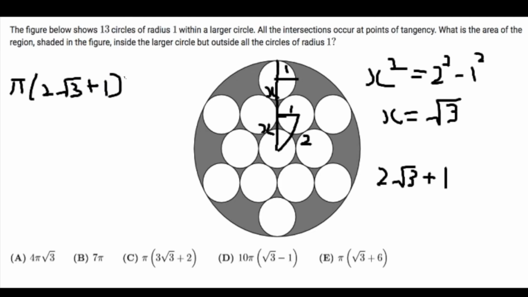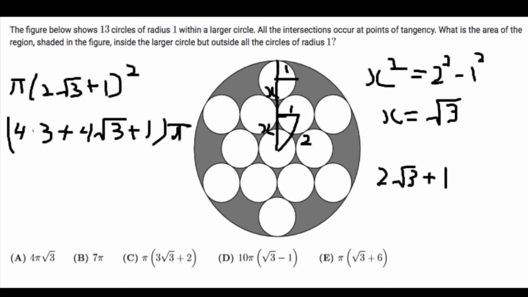plus 1 squared. This value right here, we can just FOIL that out, which is going to be 4 times 3, which is 12, plus this times 2, which is going to be 4 root 3, and plus 1, all times pi. So this is going to be 13 pi plus 4 root 3 times pi.